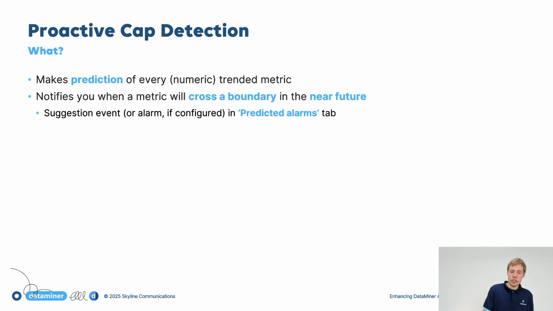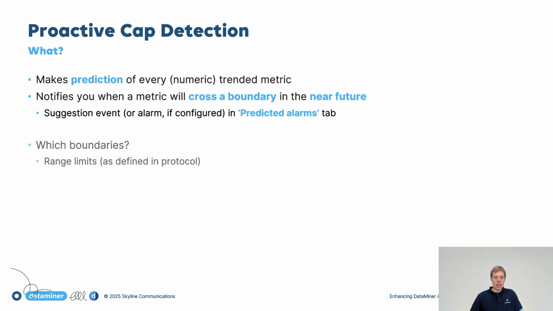Now, proactive gap detection notifies you when the metric will cross a certain boundary. Which boundaries? In the example here, this was just the range limit that was defined in the protocol. Remember, it was a percentage parameter; the cache size was expressed in percentages. A percentage goes from 0 to 100%, and 100% is the upper range.